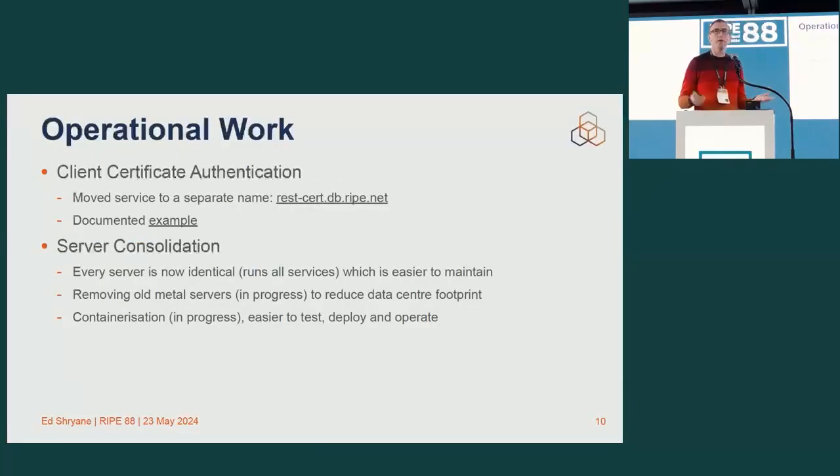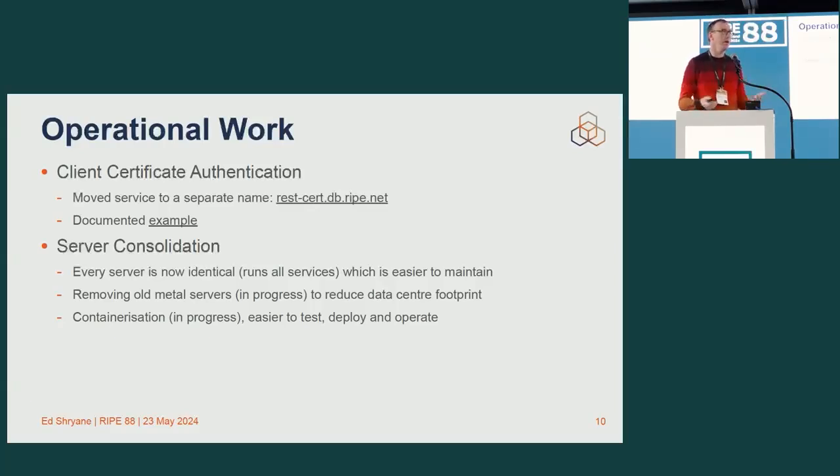Operational work. As you know, we're not just responsible for delivering features. We also operate the RDAP database and the Whois services. One thing that we've improved is separating client certificate authentication. We did turn it on our main REST API, but it's annoying if you follow a REST API link with this option on. TLS will ask the endpoint, and the browser will then pop up a request to the user asking to choose a certificate.